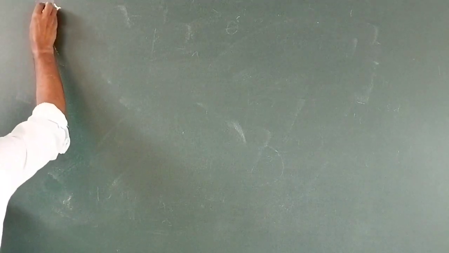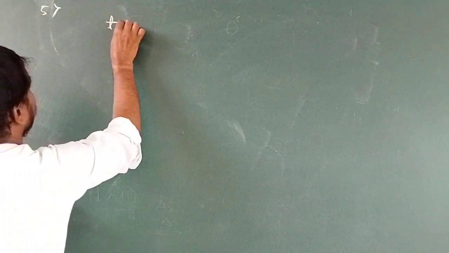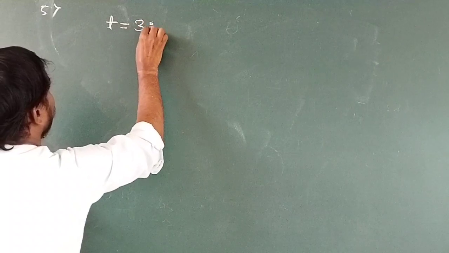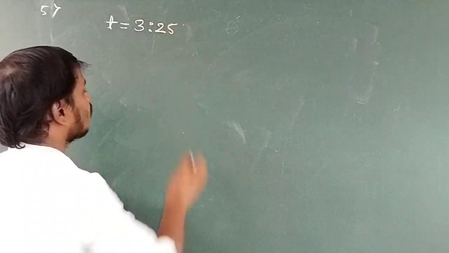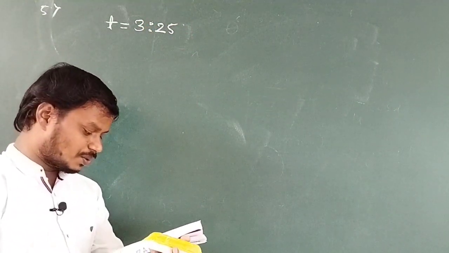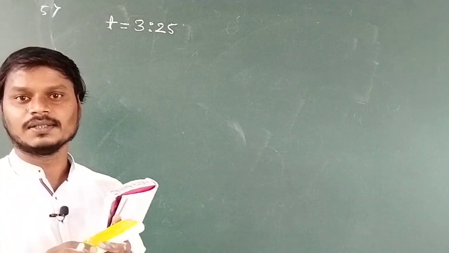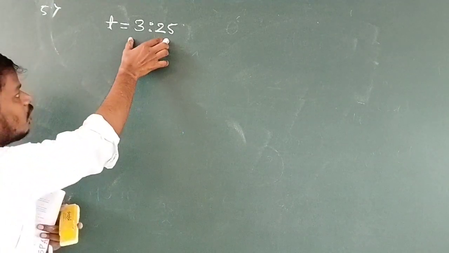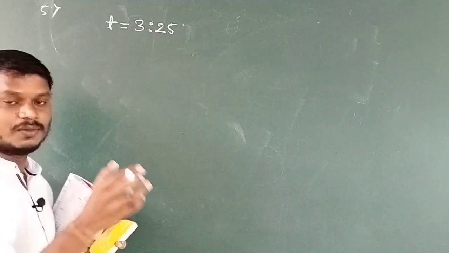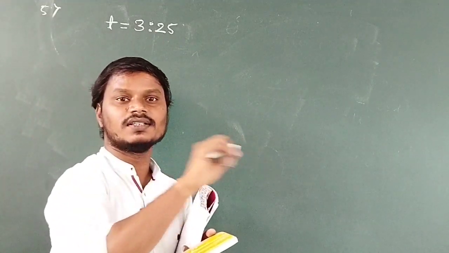Question number 5. The time is 3:25. So what is our aim? Our aim is to find the time appeared in the mirror. So the time in the watch is 3:25. What about the time appeared in the mirror?